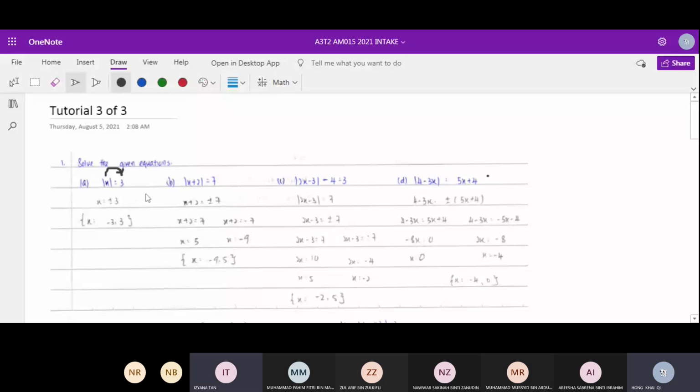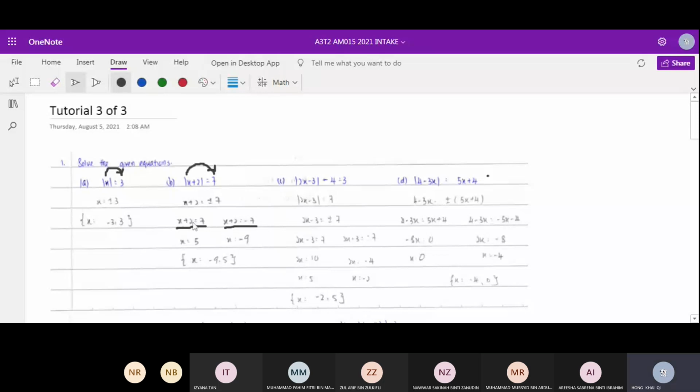Then B, change the modulus from left hand side to right hand side. It becomes plus minus 7. So x plus 2 equal to 7 and x plus 2 equal to negative 7.